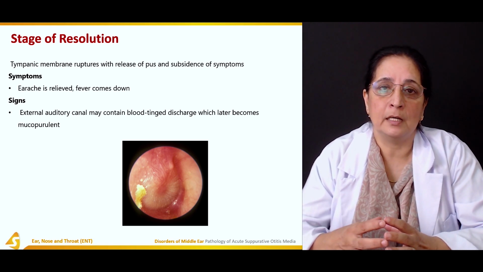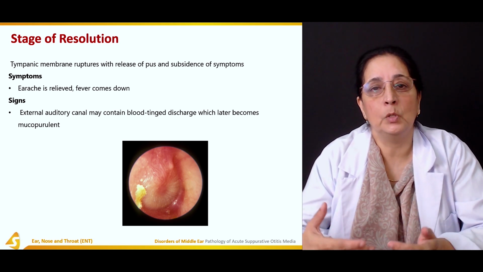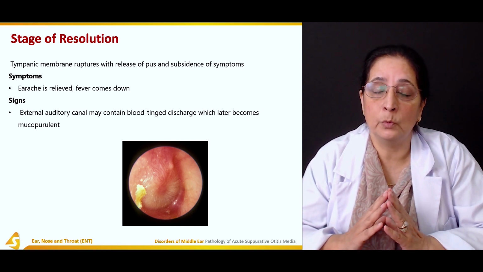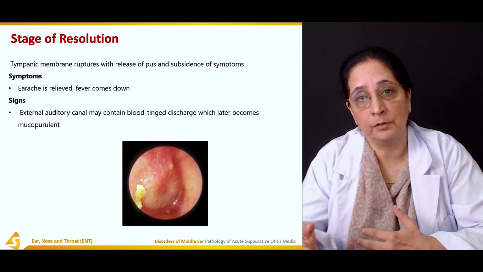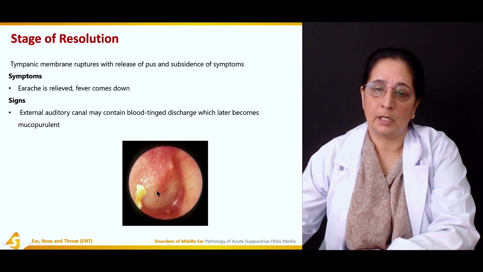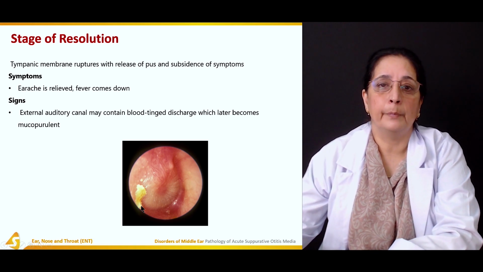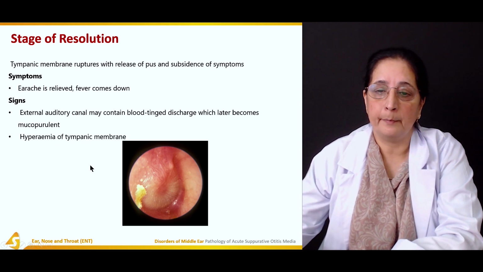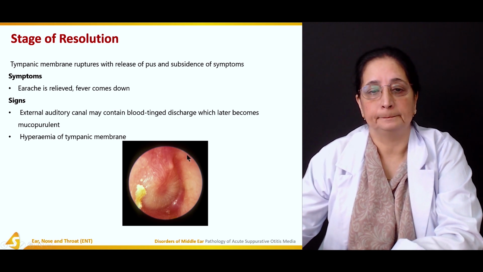The first discharge is with blood tinges, and then later on slowly it becomes mucopurulent, and it takes a while to recover, about a month, or 3 to 4 weeks. This is the purulent discharge. You can see yellowish discharge coming from the perforated tympanic membrane. Hyperemia of the tympanic membrane, you can see all the redness is due to hyperemia.